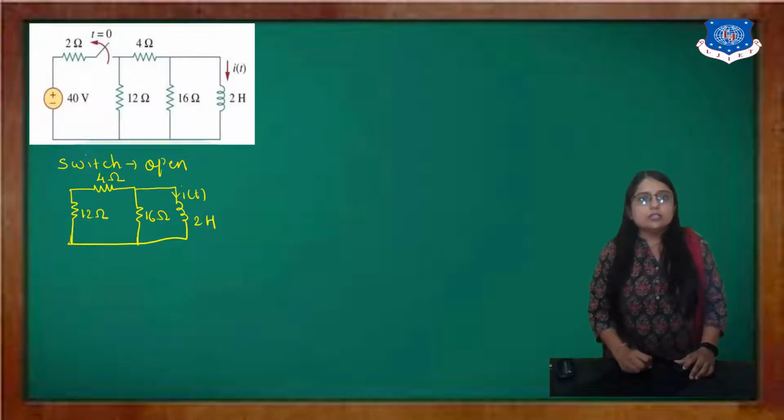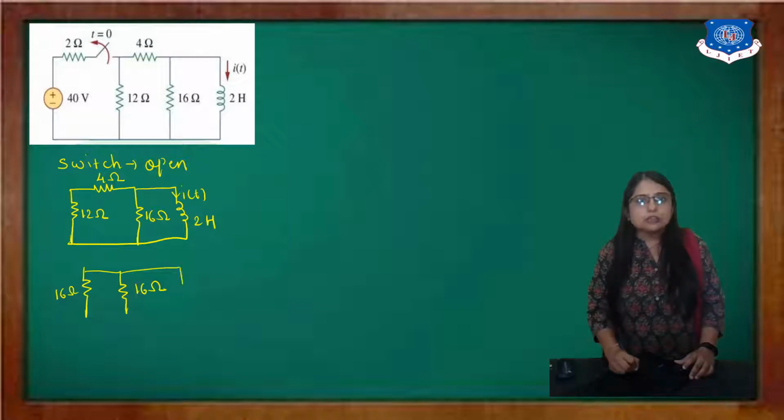Now see, this 12 and 4 are connected in series. So what we have here is 16 ohm. Here also, in parallel, we have a 16 ohm, and then we have this inductor of 2 Henry.